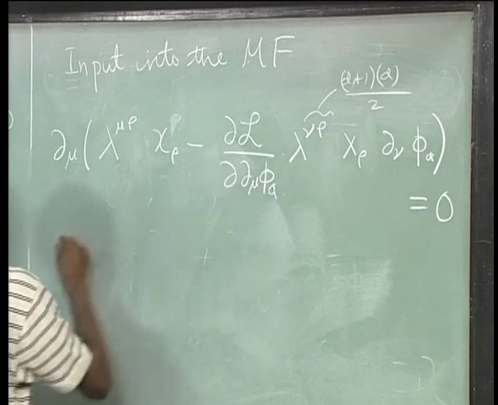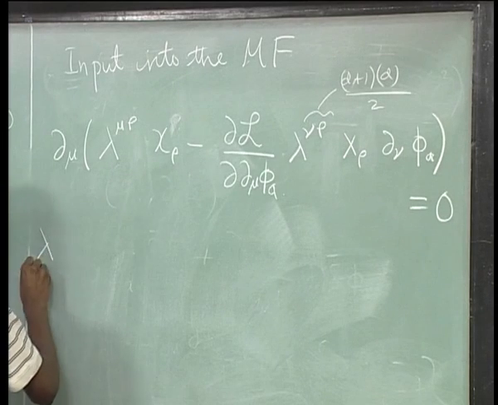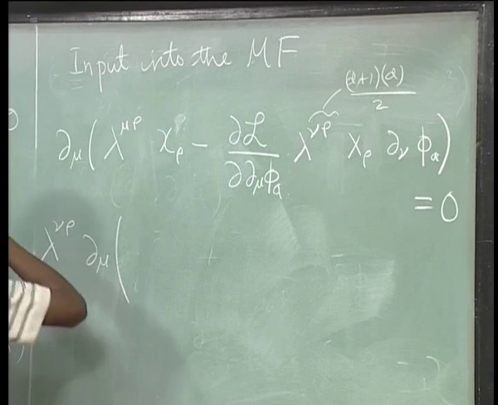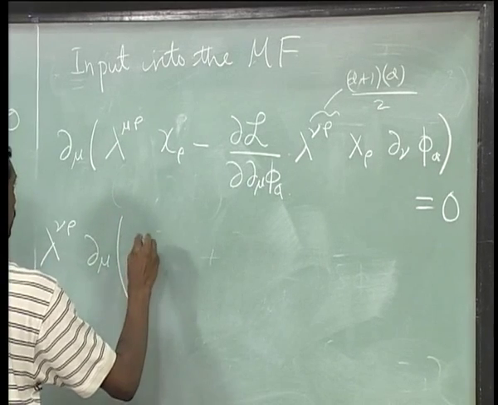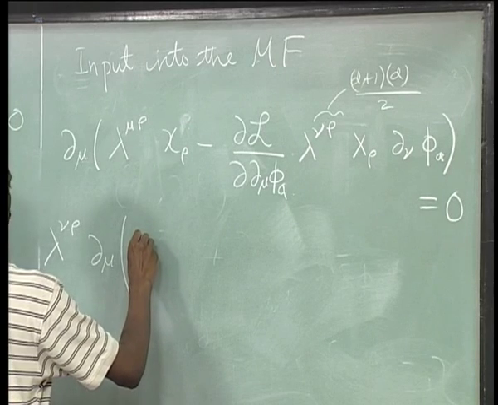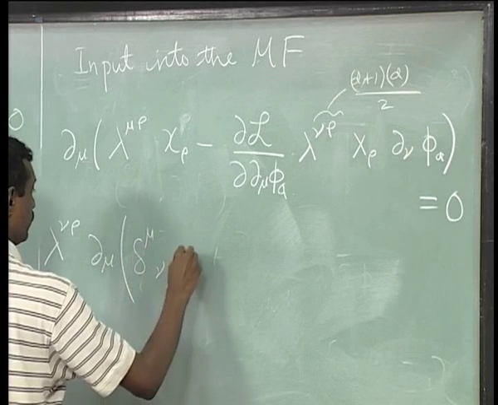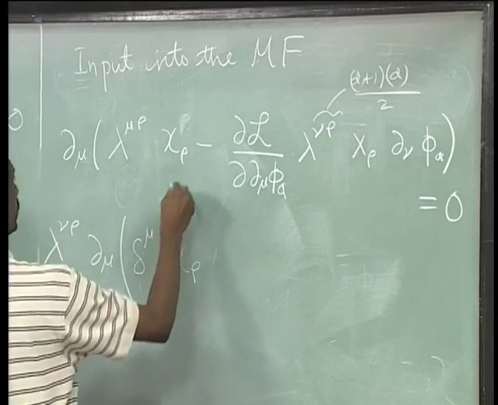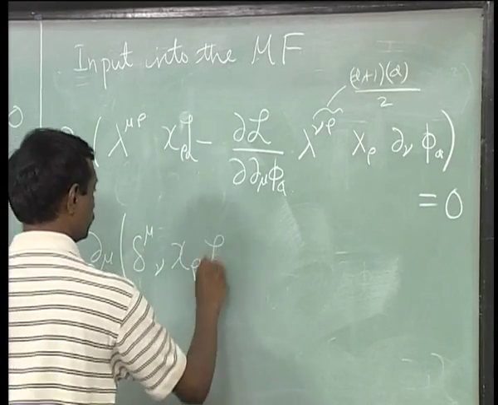Okay, so I pull out a lambda, so I can rewrite this as lambda nu rho d mu of, I have a thing out here, delta mu nu x rho. I forgot an L somewhere, yeah, here.